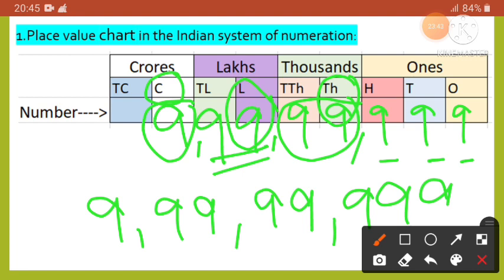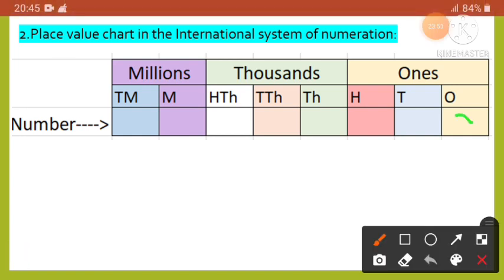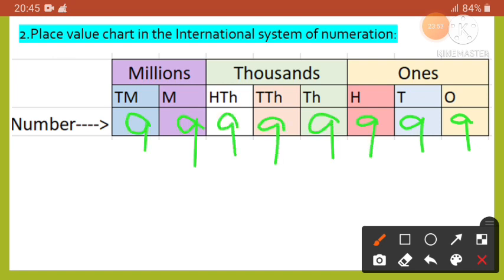And if you want to place this in the international place value system, just write the 8 nines in columns 1 to 8.